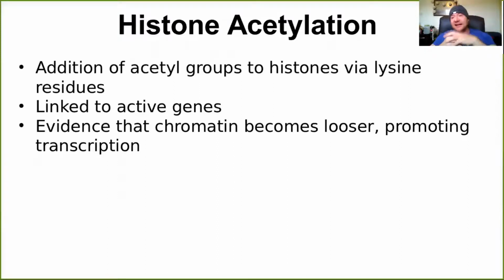When you place acetyl onto histone proteins, you make the histone proteins less positively charged, and therefore the DNA wrapped around the histone proteins becomes looser. So you can help switch on a gene by placing acetyl groups onto the histone proteins.